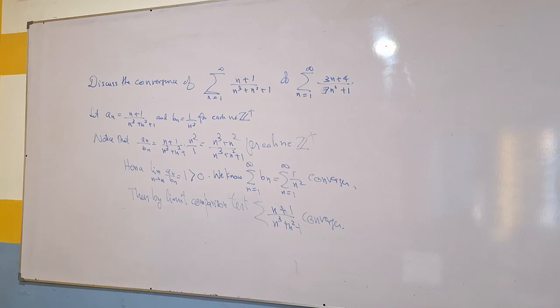You look at the thing, if you can see that when n is so large, it is 1 over n square. This is one way of writing the proof. Of course, you can write n plus 1 over n cube plus n square plus 1 is strictly less than 1 over n square.